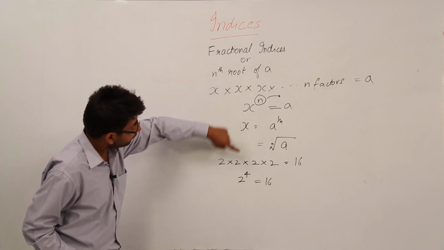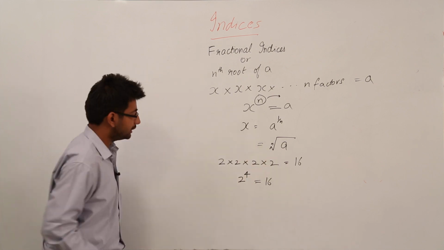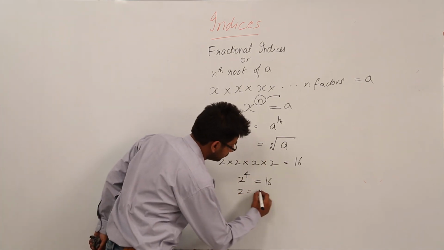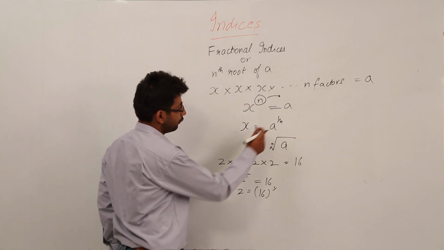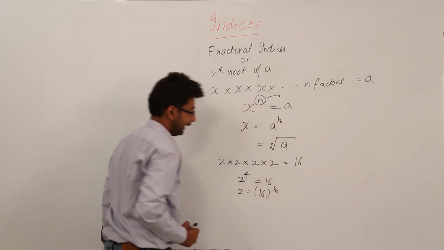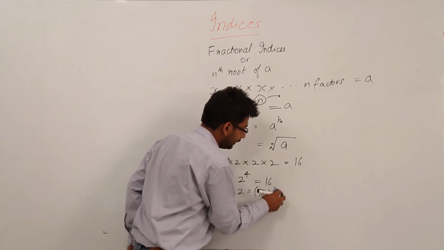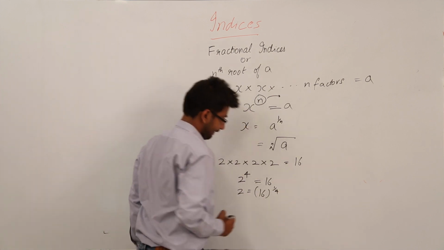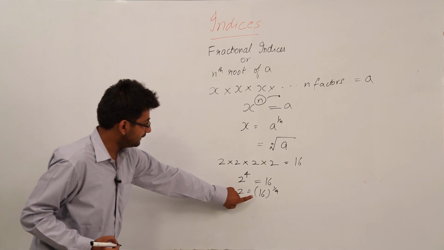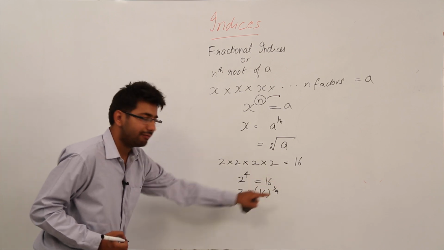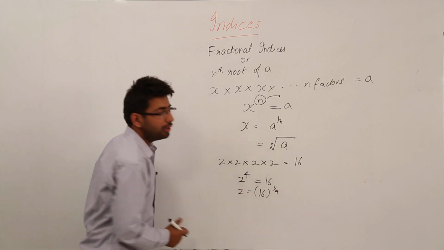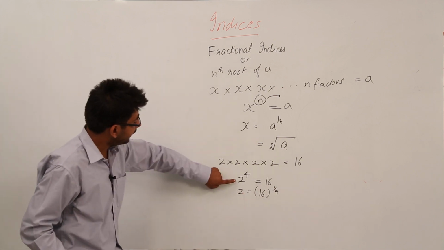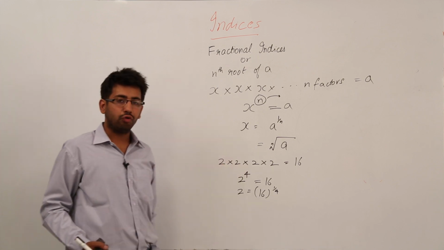Referring to this statement, we shift 4 to the other side. It becomes 2 equals 16 with index 1 by n, which is 1 by 4. So 2 is equal to 16 raised to power 1 by 4. Here 16 is the base and 1 by 4 is the index, just like here 2 was the base and 4 was the index.